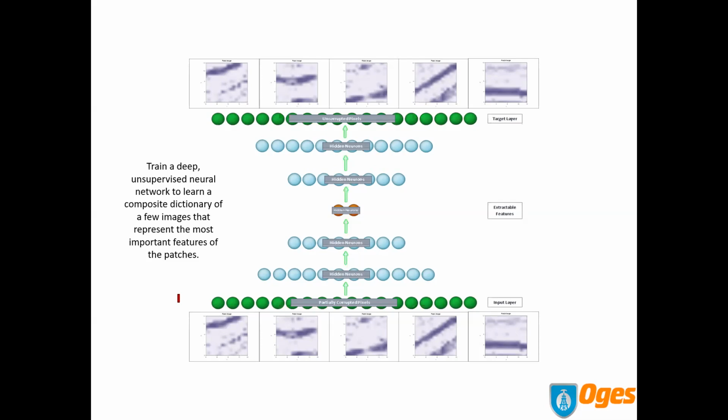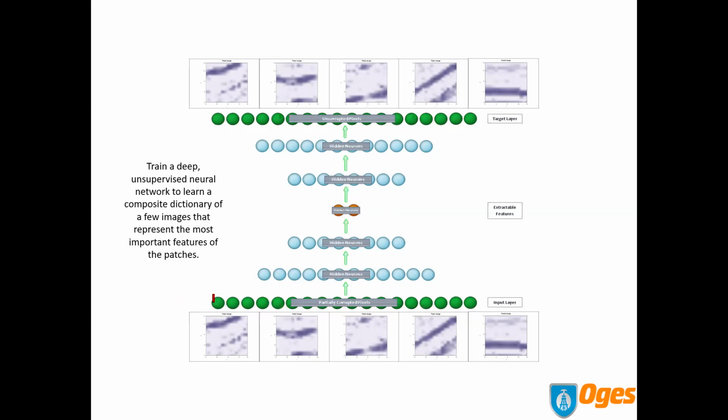Briefly, the network is trained by setting the target neurons equal to the input neurons. These are the target neurons up here, and these are the input neurons here. There are multiple layers and a bottleneck in the middle. This is what we would call the bottleneck, where it's extracting features.